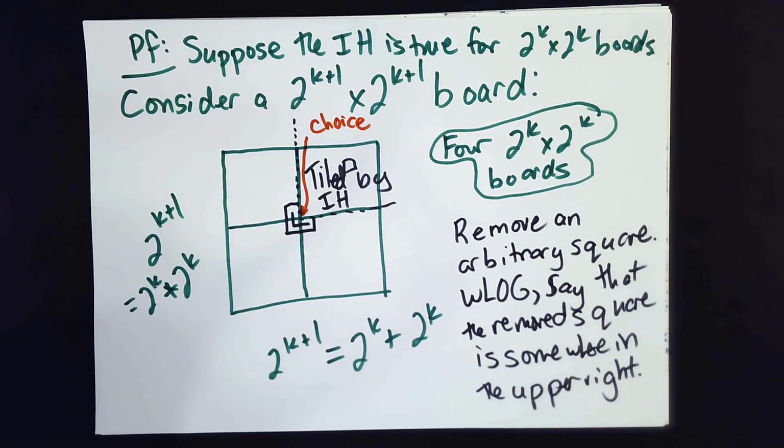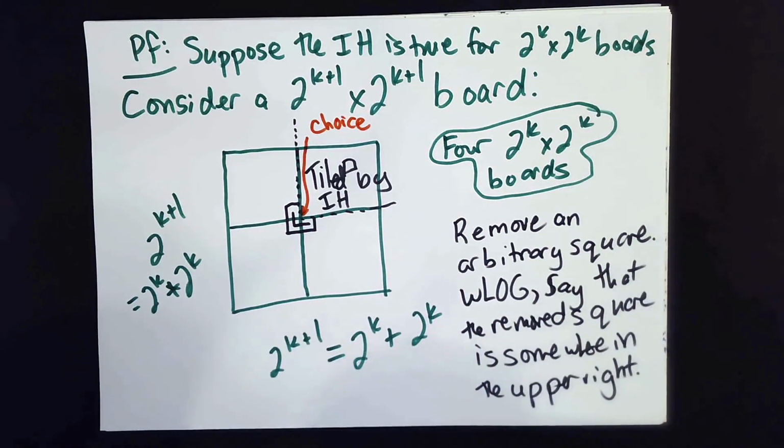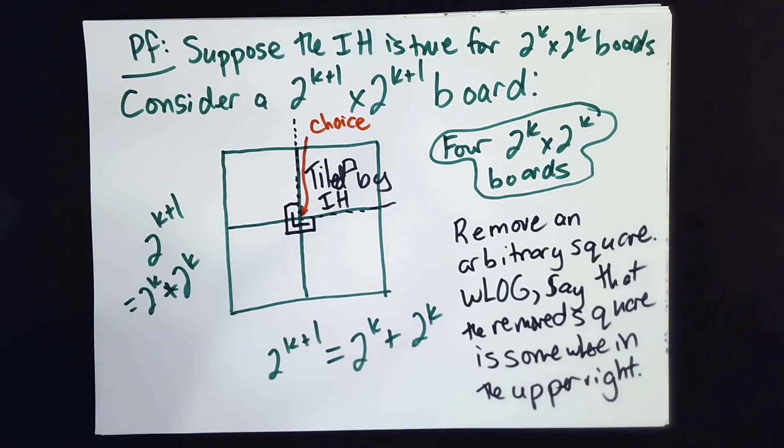And now here's where it's very easy to get lost in the weeds of thinking about exactly what this question is saying. So I want to go over this again. At the end of the day, the thing we're proving here is really a for every there exists statement. For every 2 to the n by 2 to the n board with one square removed, there exists a tiling.